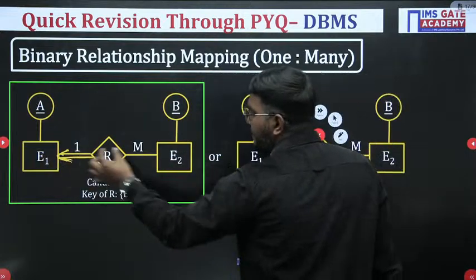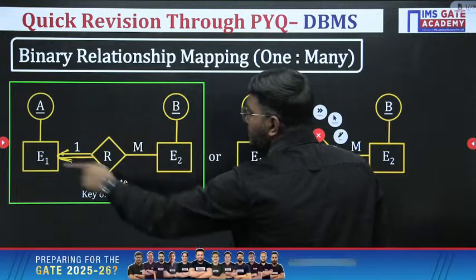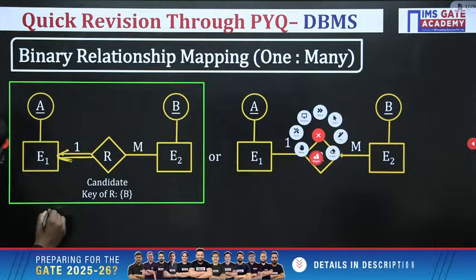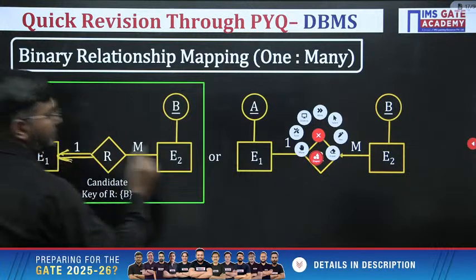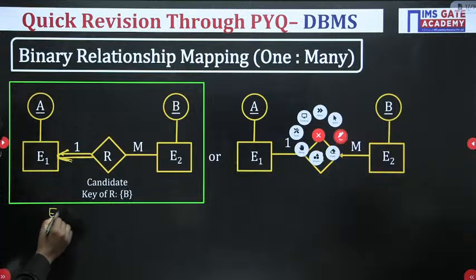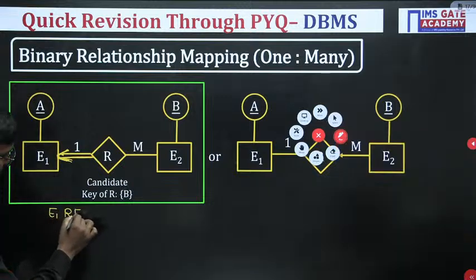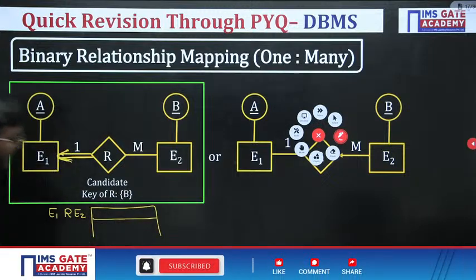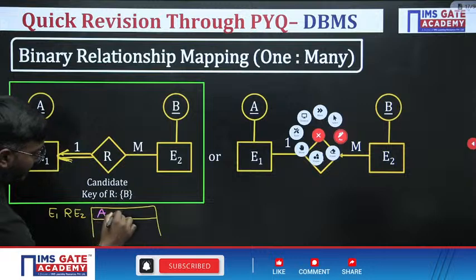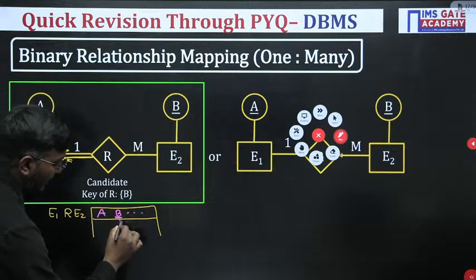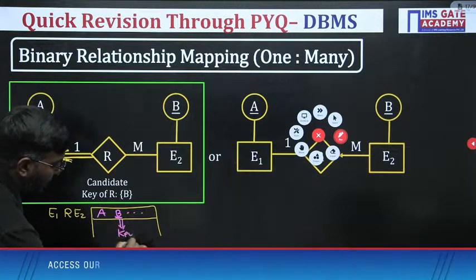So here E1, R and E2 will merge into a single table. All of this gets merged into a single table, and the attributes will be A, B and so on. And the key attribute will be B. This B is our key attribute, or we can say candidate key.